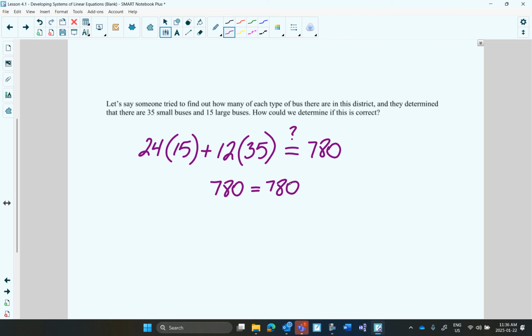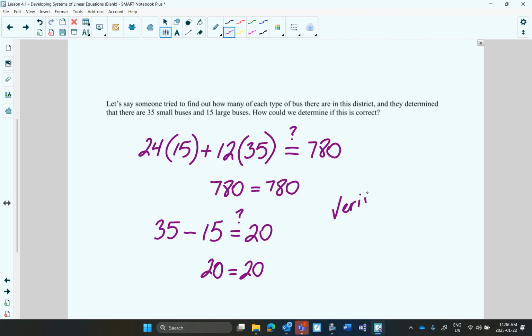So it works there. But does it work in the other one? Does the number of small buses, which is 35, minus the number of large buses, 15, equal 20? Well, that one's pretty obvious. 35 minus 15 is 20, and it does equal 20. So what have we done?